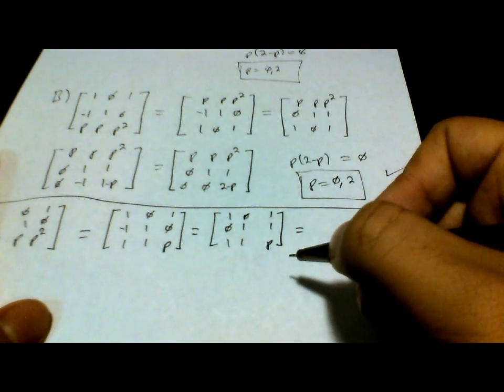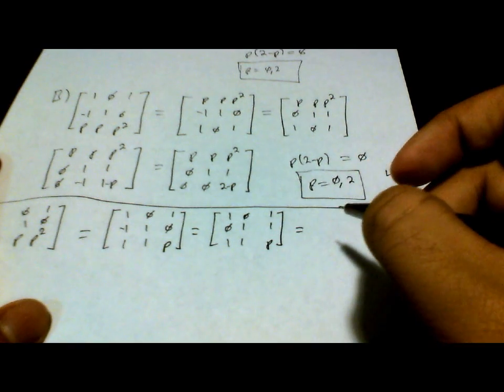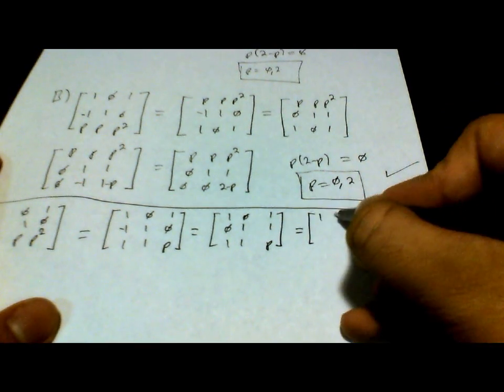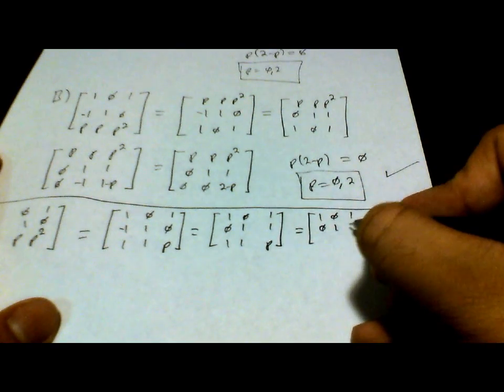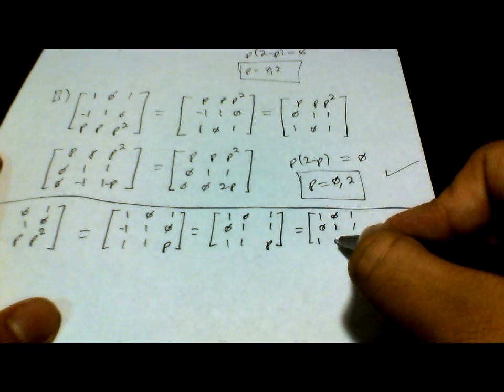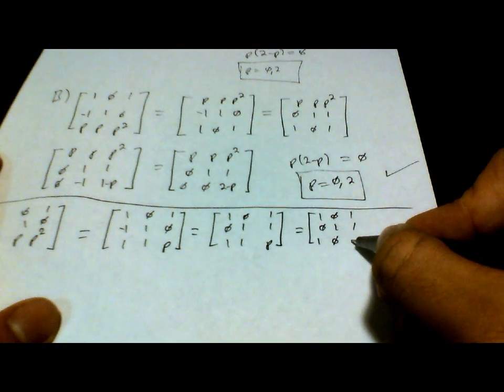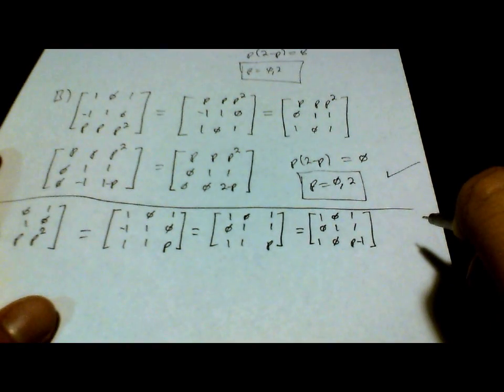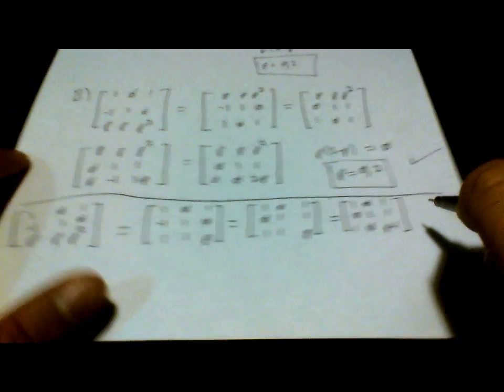Now I'm going to take the middle row and subtract it from the bottom row. So this is 1, this is 0, this is p minus 1.